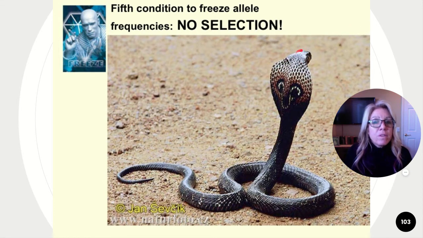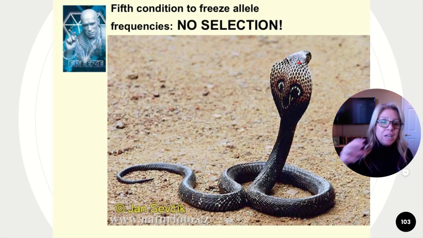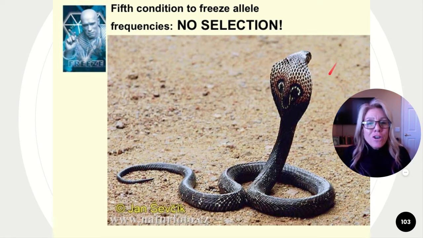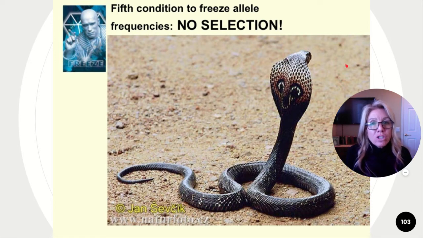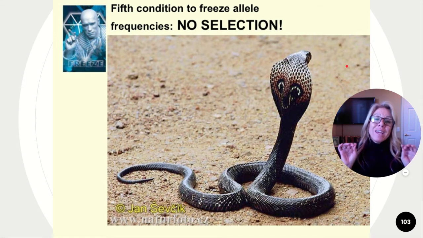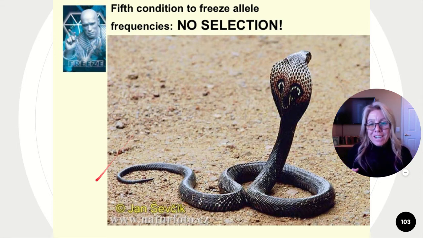Little do they know, this is the actual mouth and face, bite, death, that whole drill. So those snakes that had what looks like a face were more likely to survive and reproduce because their predators were confused. So that would be a form of selection. If you don't want the allele frequencies to change, then you cannot have selection. And how likely is that? No selection.